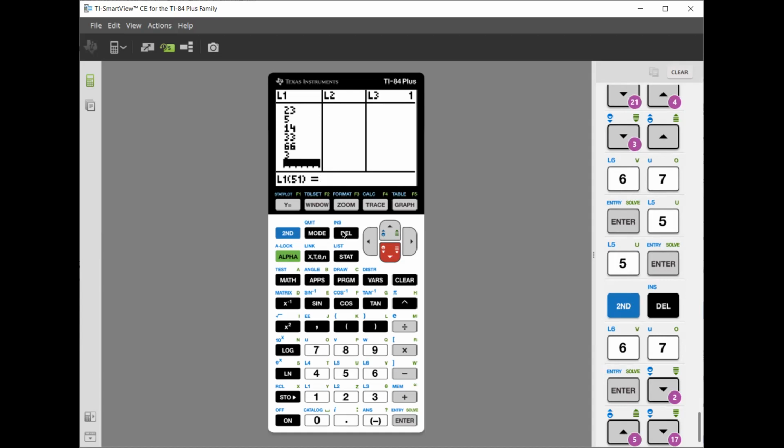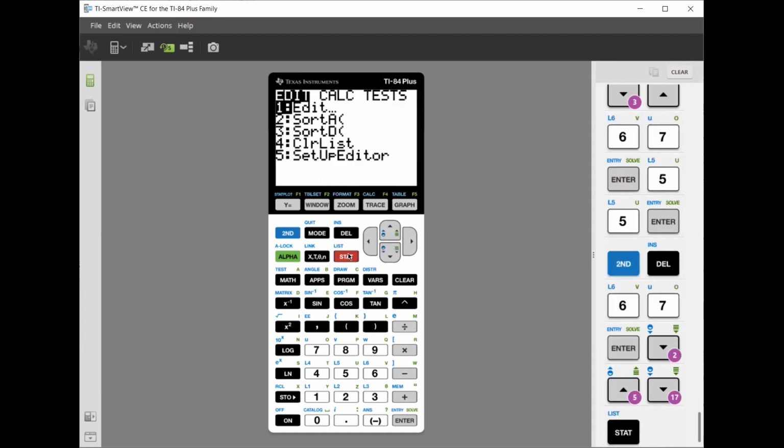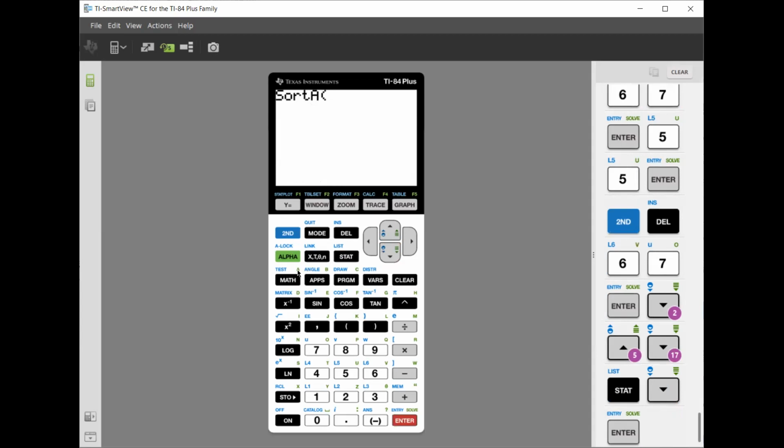All right, so there they are. So now I'm going to go to stat, and I'm going to go to my sort option, sort A, and find L1.